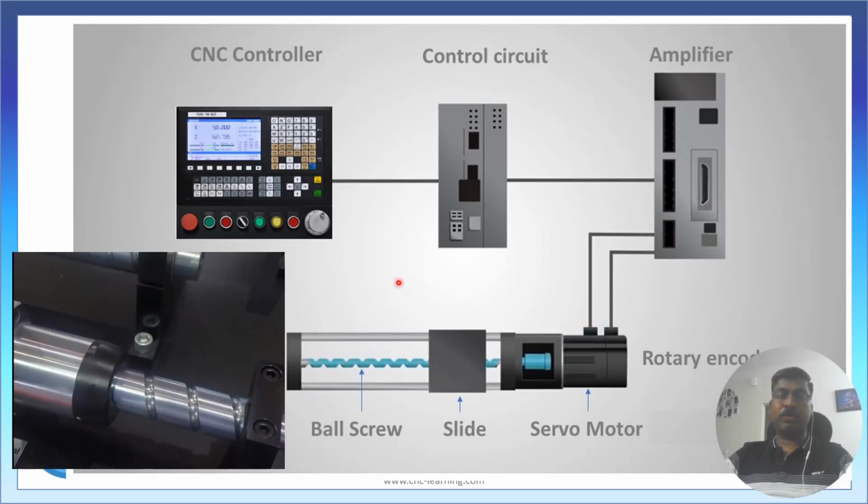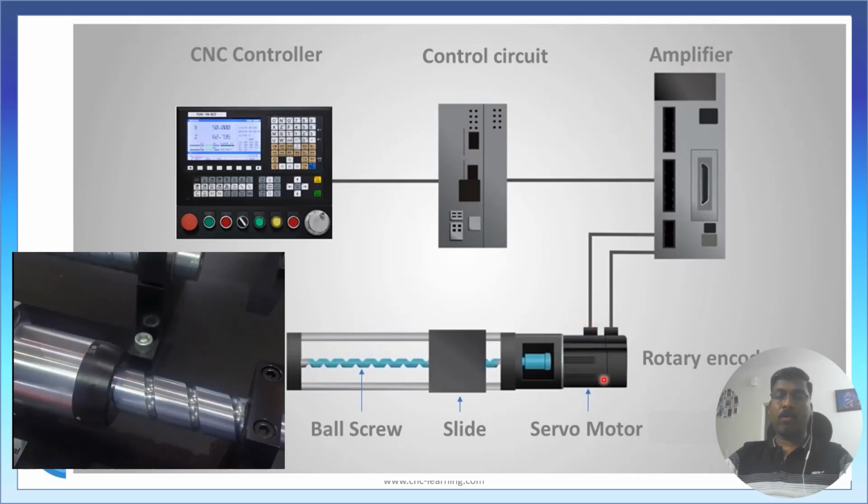a closed loop system. It means whatever command is issued from the CNC controller through the control circuit and amplifier, whether the movement of the slide is exactly meeting as per that, that work is done by this rotary encoder.